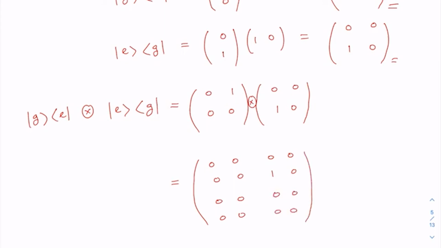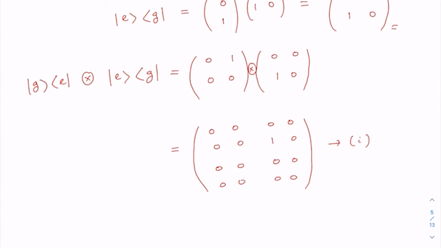I think it's easy to see. Let me say this is equation number 1. Okay, now we have ket z ket e.